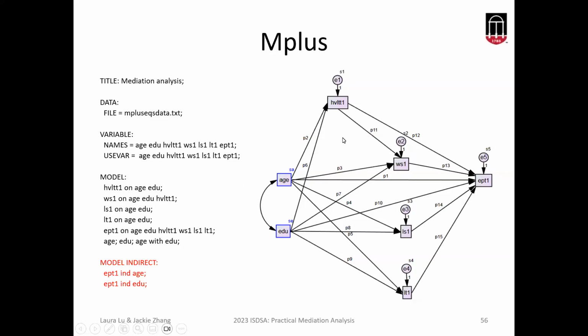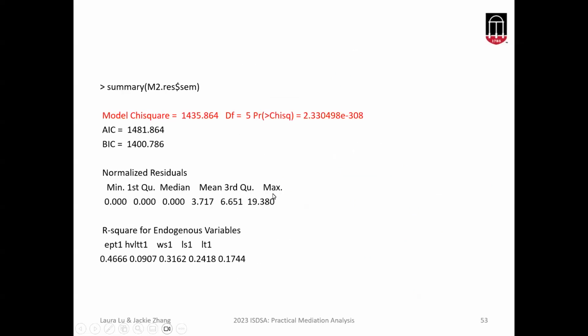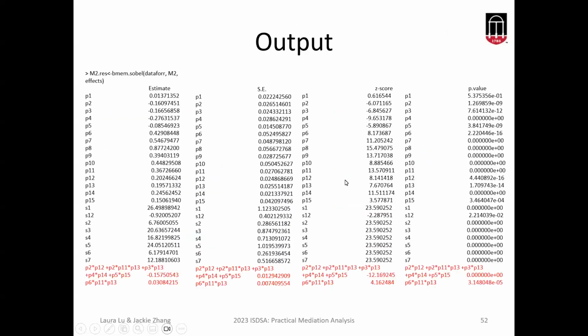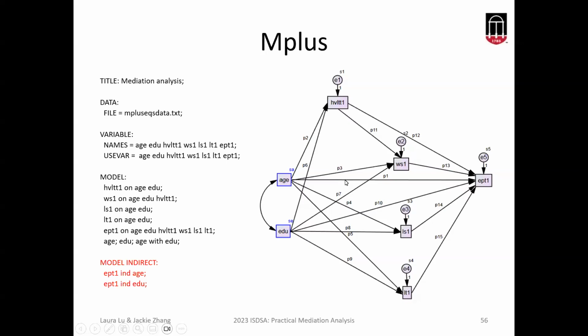And the residual, some people argue, where's the residual variance in R? We defined a lot of S values here, but in Mplus, it is automatically included, so you don't need to worry about the residual variance. And the model indirect is going to tell us the indirect effect or mediation effect.